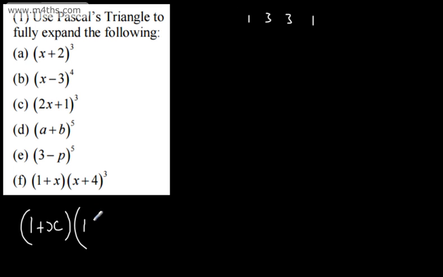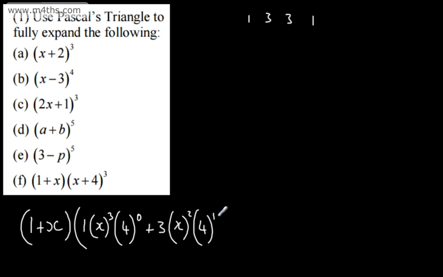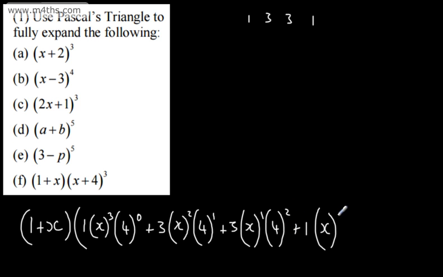So I'm going to get 1, I'll have x to the power of 3, then I'll have now plus 4 to the power 0, plus 3, we'll have x to the power of 2, we'll have now 4 to the power of 1, plus 3, we'll have now x to the power of 1, and we'll have 4 to the power of 2. Plus we'll have 1, we'll have now x to the power of 0, and we'll have 4 to the power of 3.